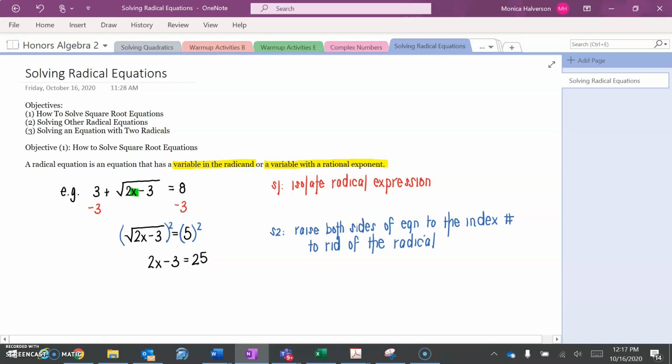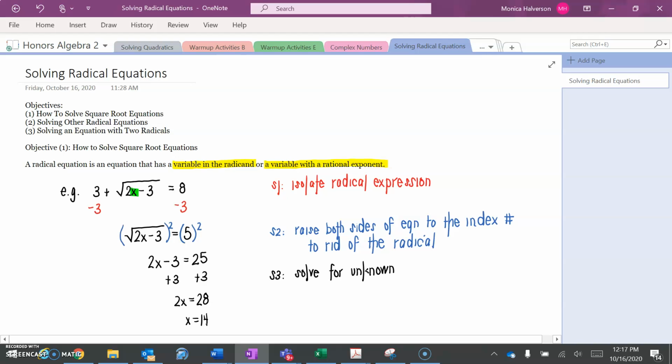By raising to the index number, we have now gotten rid of the radical. And so our last step here is going to be solve for the unknown, which in this case is x. So we're going to add 3 to both sides, and we get 2x equals 28, x equals 14.